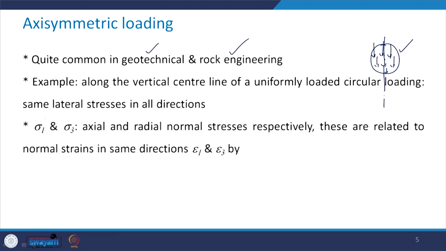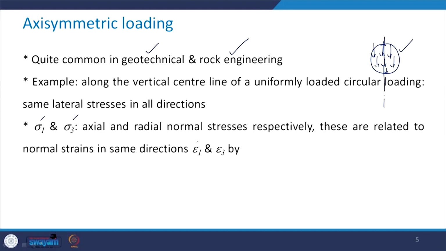Now, this sigma 1 and sigma 3, these are the axial and radial normal stresses respectively. These are related to the corresponding normal strains epsilon 1 and epsilon 3.